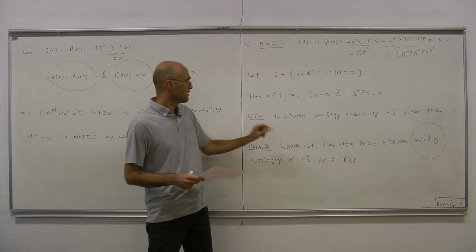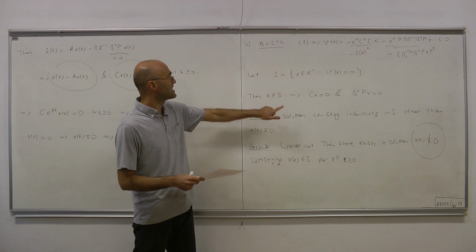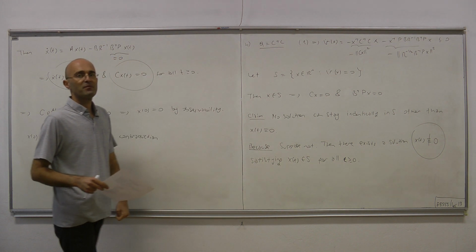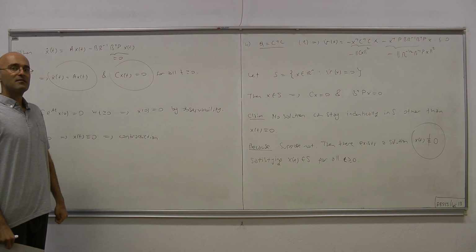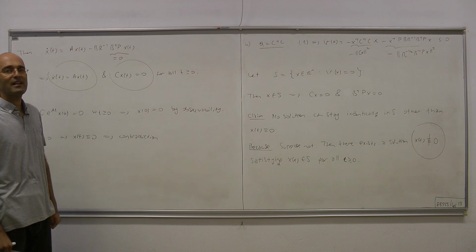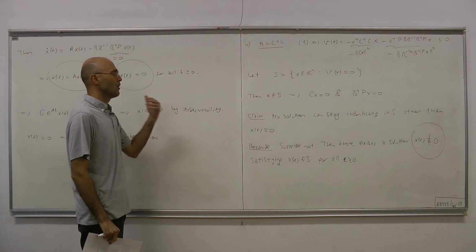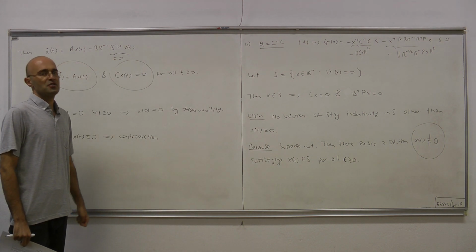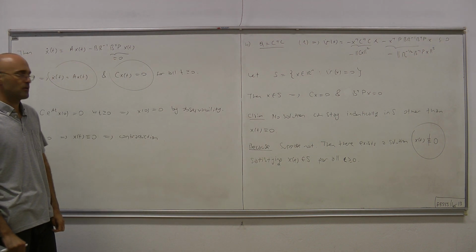That is, there's only one solution that can stay identically in the set V dot equals 0, and that solution is the 0 solution. And therefore, by LaSalle's invariance principle, all the solutions must converge to that point, which is the origin. Hence, we have global stability.